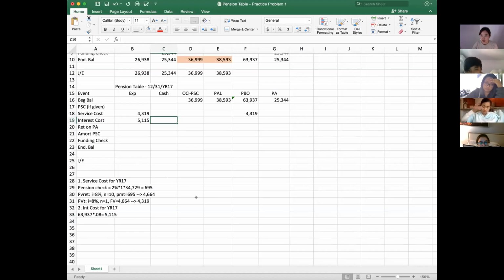Yes, interest cost increases not just the pension expense, but also the PBO. So 5,115 credited for PBO. Return on plan asset, let's take a look at this one.